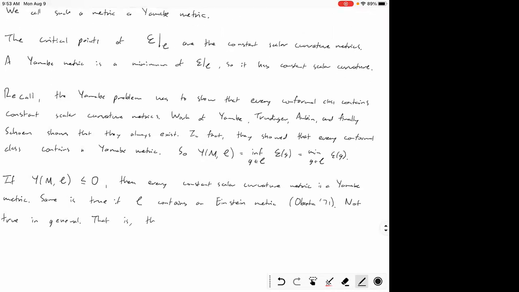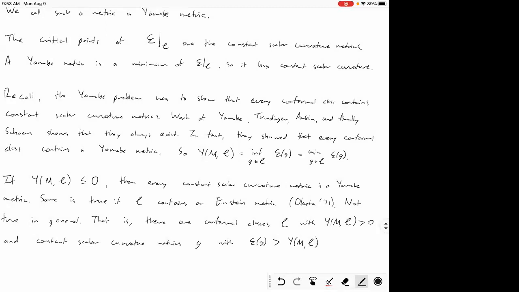That is, there are conformal classes C with positive Yamabe constant and constant scalar curvature metrics where the value of the normalized Einstein-Hilbert functional is strictly bigger than the conformal Yamabe constant of the conformal class.